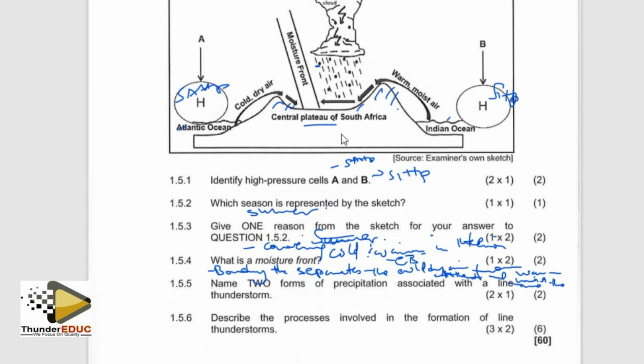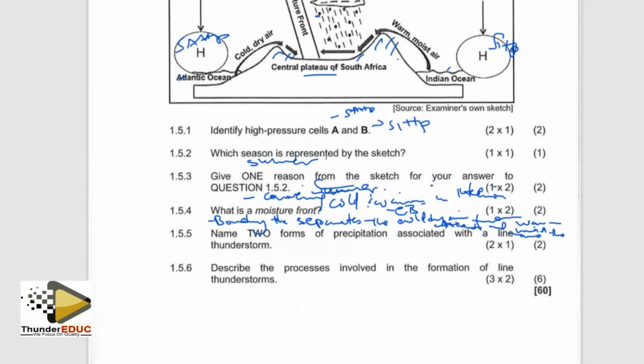So that boundary that separates the two air masses of different characteristics in the interior is known as a moisture front. Remember, these two air masses are formed of different moisture content. That's why we call it a moisture front.